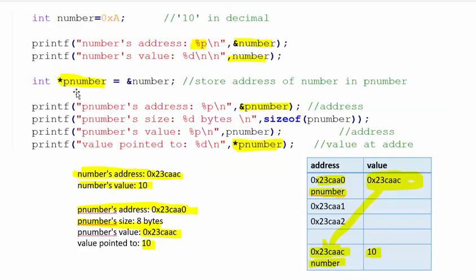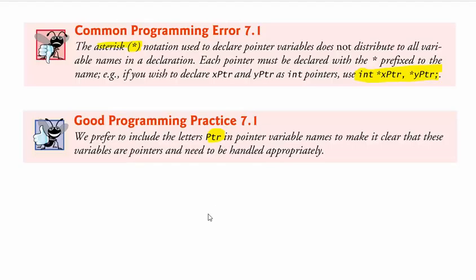Mine happen to like to use P number, for example, P prefixing the name that I'm associating with, to indicate a pointer. It's up to you. Whatever style you like is fine, but it is common practice to name a pointer variable with some kind of a name that indicates it's a pointer and tie it to the variable name that it's pointing to.